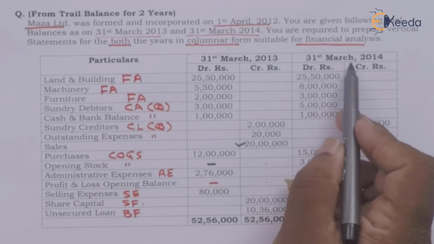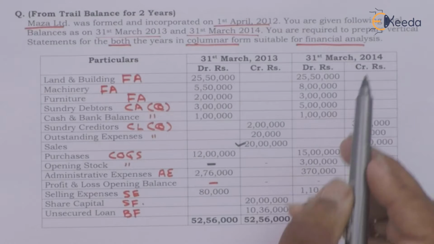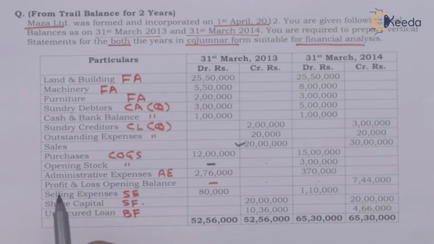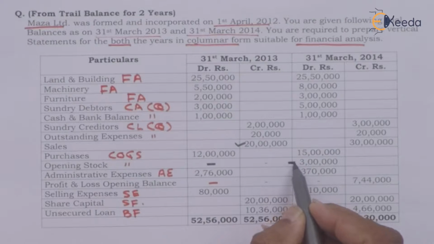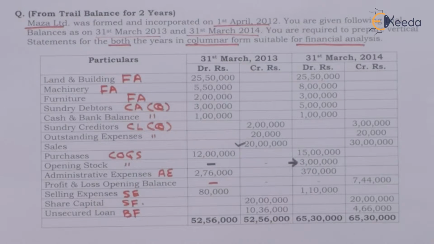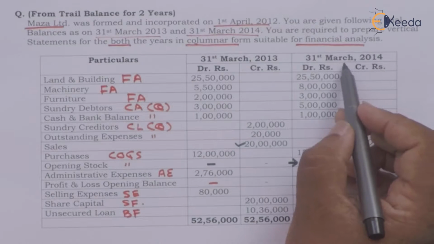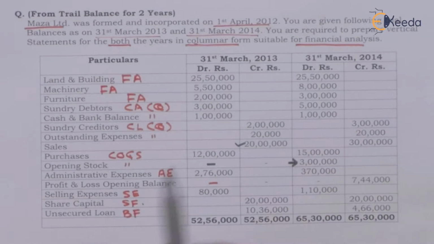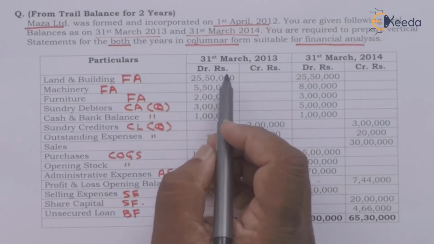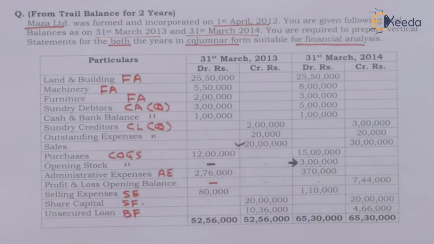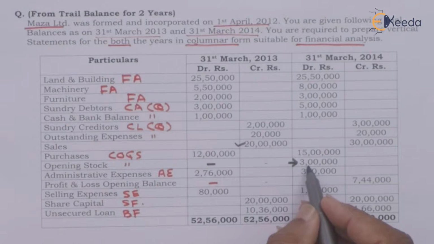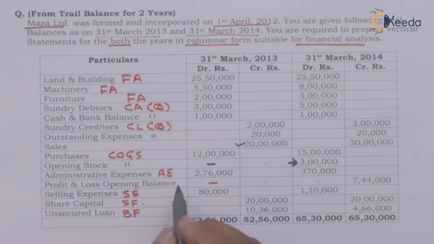For the year 31st March 2014, they have given the amount of opening stock 3 lakhs. This is opening for financial year 13-14. That means the same amount is closing for financial year 12-13. So here closing stock we are required to consider 3 lakhs for the first year.